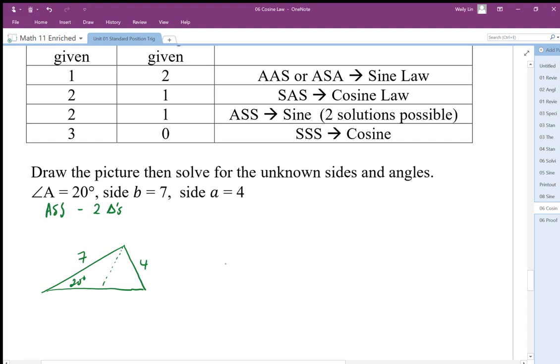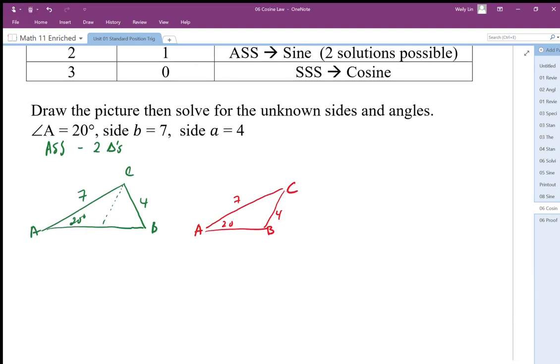So I'm going to draw both triangles here, separately, so that we can see them a little bit easier. So 7, 4, there's my 20 degrees, 7, and my 4 can be oriented that way. Okay, so I'm going to label these sides and angles. This is going to be angle A, this is going to be angle B, and this is going to be angle C. Setting this up, I'm going to solve for angle B, so I'm going to use my sine law.